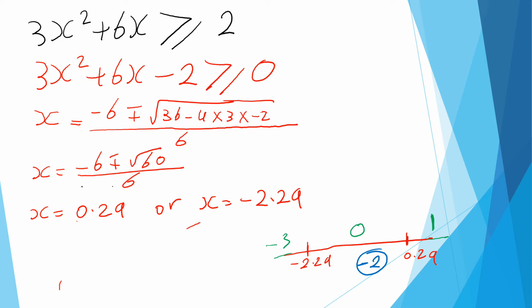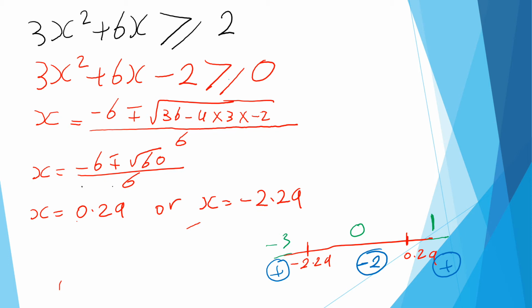Yeah, definitely positive. And if we substitute the 1 in here, it's another positive. So you can see that any number less than negative 2.29 gives me a positive value. So the value of this expression will be greater than or equal to 0. So we want positive values.